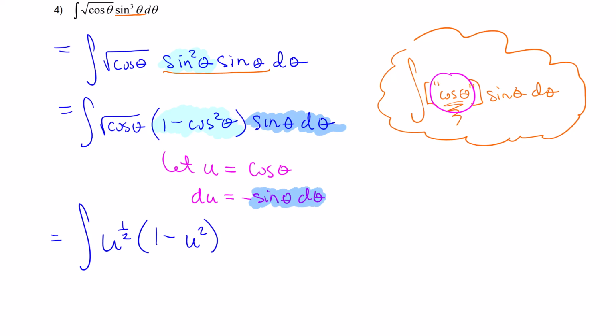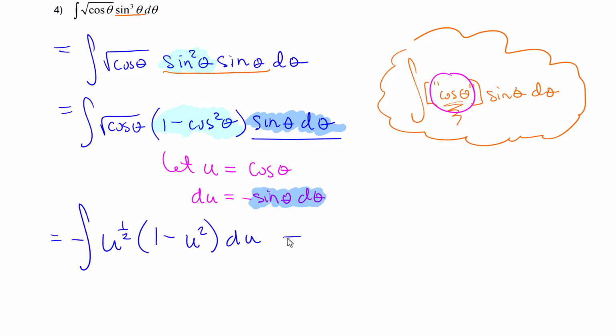Again, replacing cosine with u, so cosine squared is now u squared. And then we had sine theta d theta, which is now just going to be du. But remember, there was an extra constant, so we have to make sure and account for that. I'll just throw a negative sign out in front of the integrand to do that.